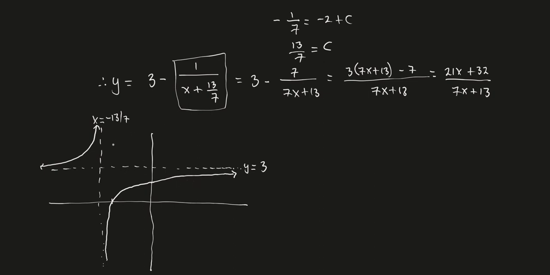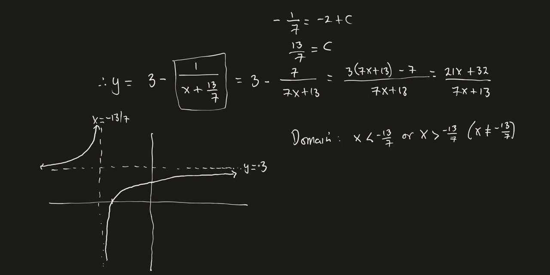And now, if you want to distinguish between the domain and the interval of existence, the domain in this case is all values of x that are either less than negative 13 over 7 or greater than negative 13 over 7. Obviously, you could have stated it like this, x is not equal to negative 13 over 7.